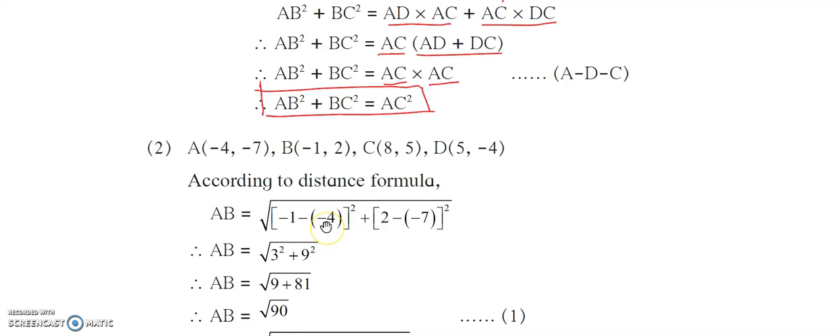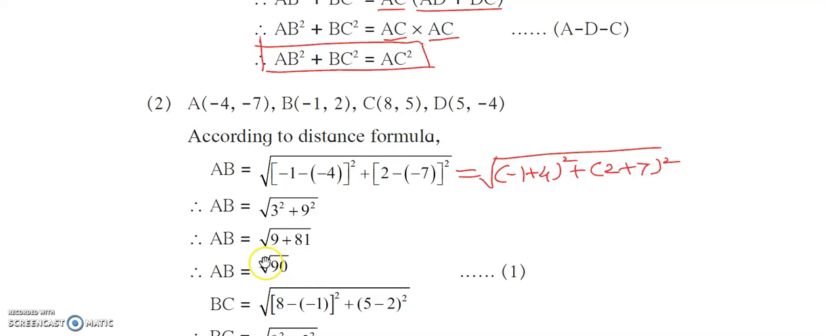Minus minus becomes plus. Therefore, write one more step: (-1 + 4) squared plus (2 + 7) squared. 2 plus 7 means 9, and -1 plus 4 is 3. So 3 squared plus 9 squared. Therefore, AB is equal to the square root of 9 plus 81, and therefore AB is equal to root of 90.